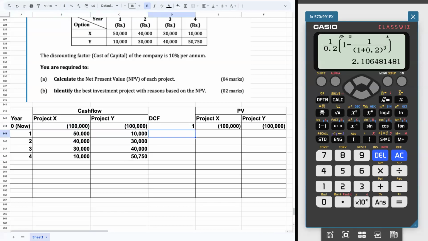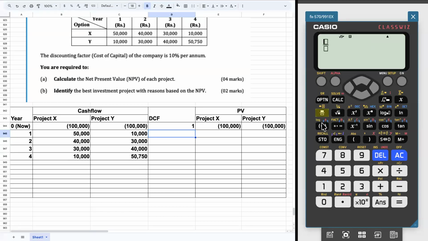Now, we need a discounting factor, my dears. Can you remember how to calculate the discounting factor? 1 over 1 plus R power n. Can you remember that? At the same time, we can get those values in the present value table also, right?